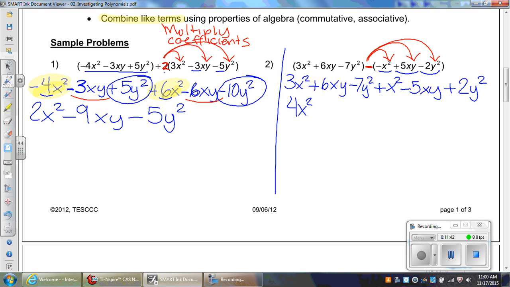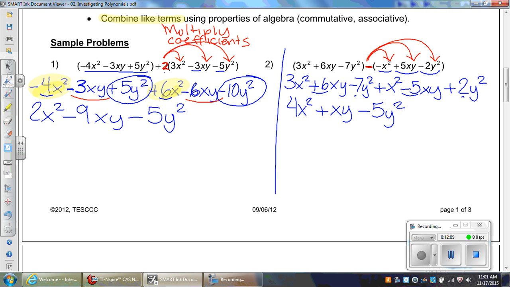Positive or negative? Positive xy. So if we do combine 6 minus 5, we get positive 1, right? And let's not forget we're talking about xy's. Last one, we have AF, what do you get from combining the y squared? Negative 5y squared. Very good. So negative 7 plus 2, you get negative 5y squared.